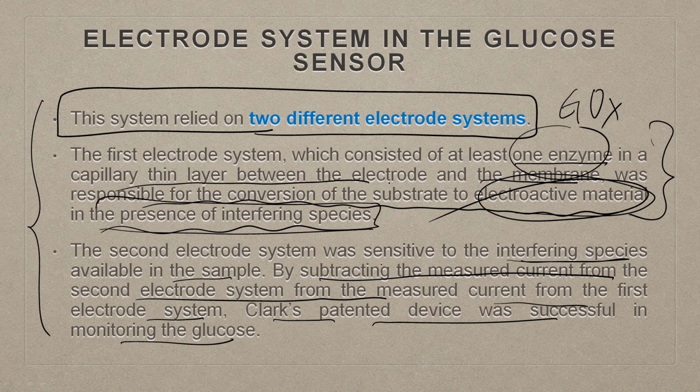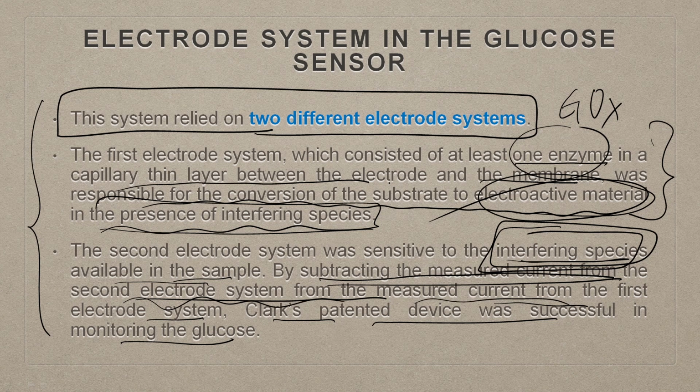The second electrode system was sensitive to the interfering species, which is generated there, available in the sample, by subtracting the measured current from the second electrode system from the measured current of the first electrode system. You can back calculate the amount of glucose which is consumed.